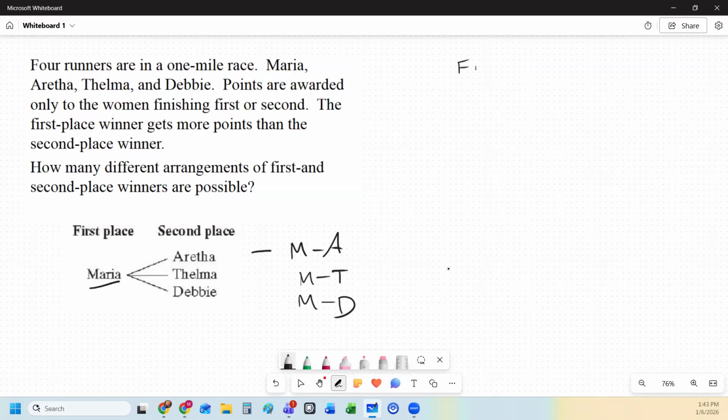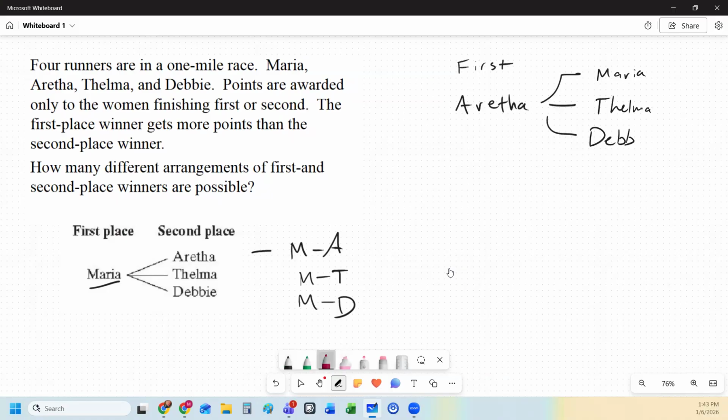So I could also have had Aretha win, and I have 3 possibilities if Aretha wins. I could have Maria in second place. I could have Thelma in second place, and I could have Debbie in second place, right?